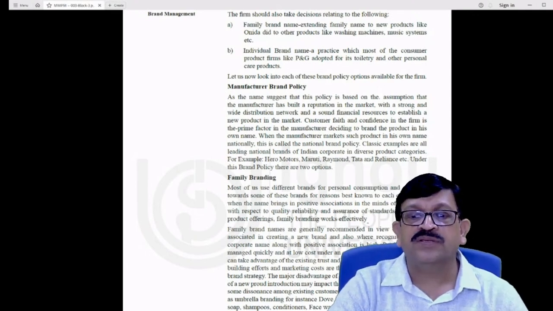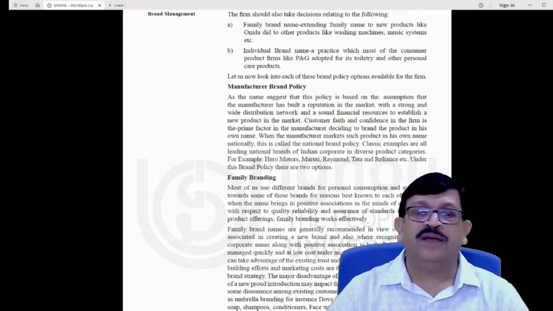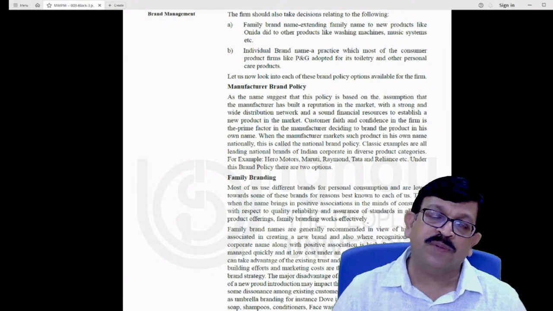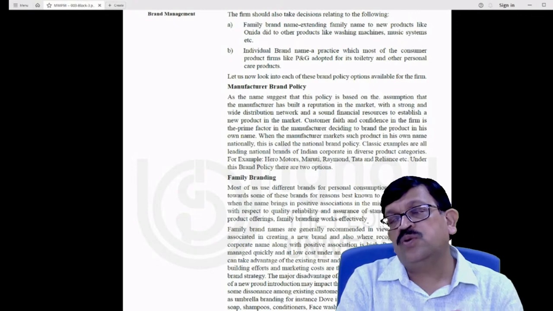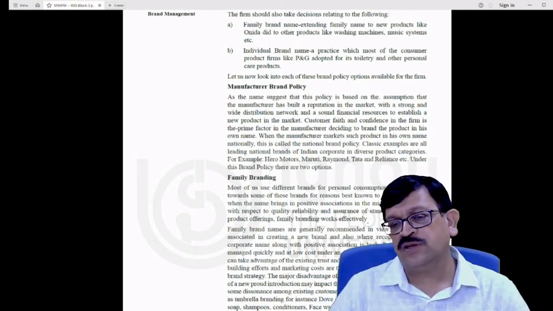But some of the well-known brands, as you can see, something like Dove. We have been able to go from a moisturizing cream, a soap, to shampoos across various product categories, face wash and deodorants.